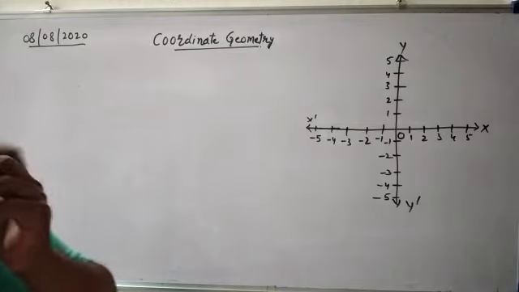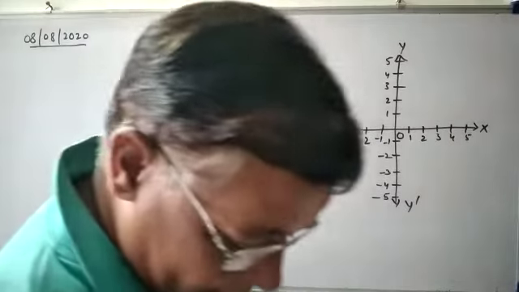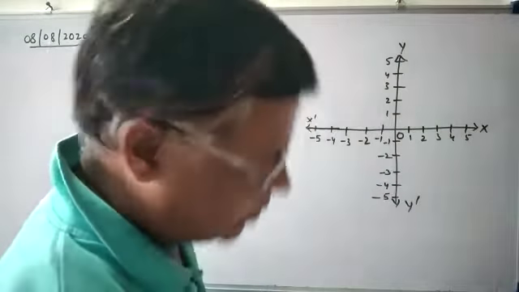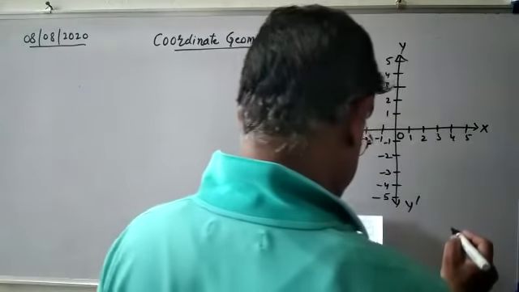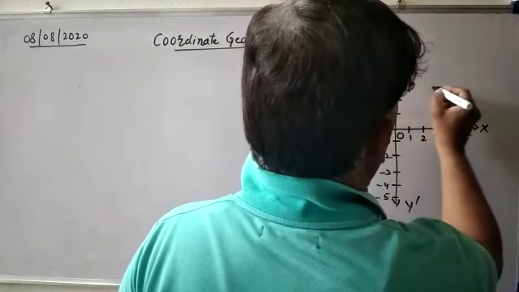This way I have divided both the axes in equal units. Then we have some points, and we have to find out the coordinates of the given points.